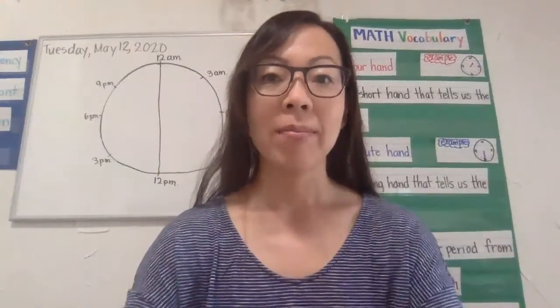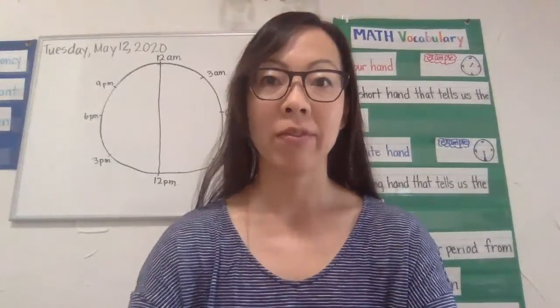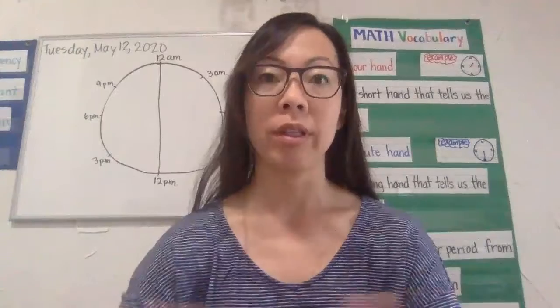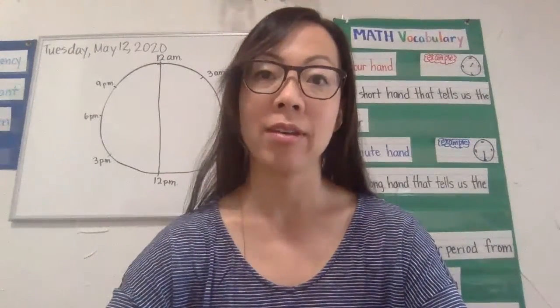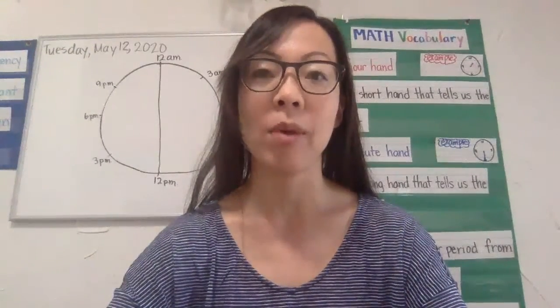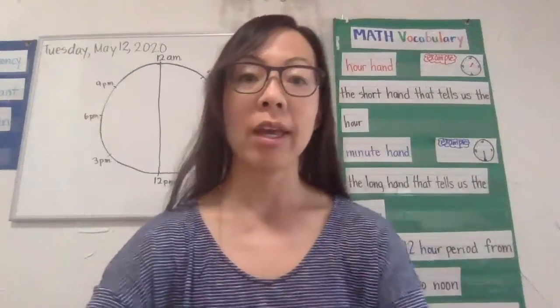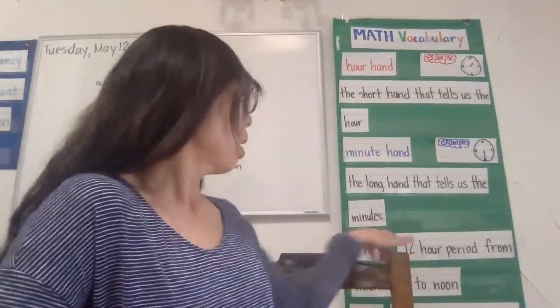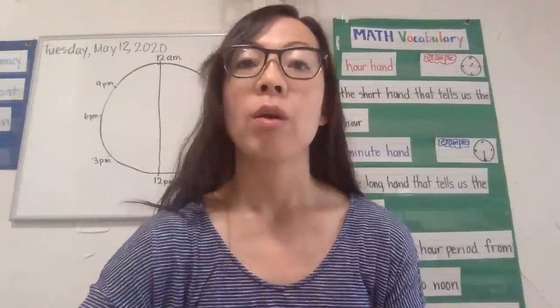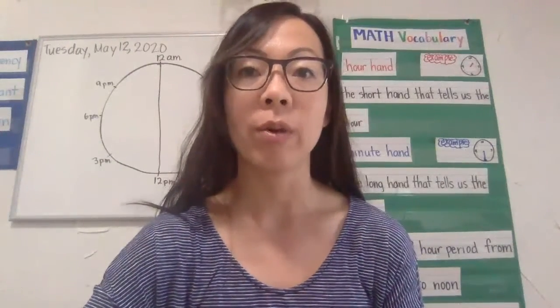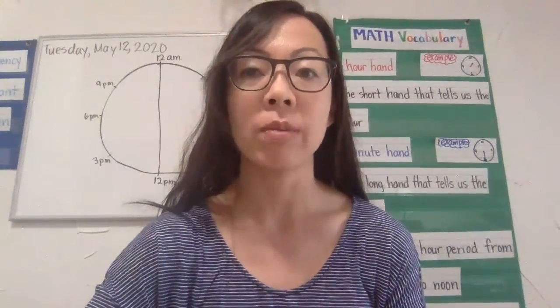Now, scholars, in math, we've been thinking about time for the last week, really. And this week we're focusing on, or at least today and yesterday, we've been focusing on AM and PM. Remember that AM is the 12-hour period that happens from midnight until noon. And PM is the 12-hour period that happens from noon to midnight.